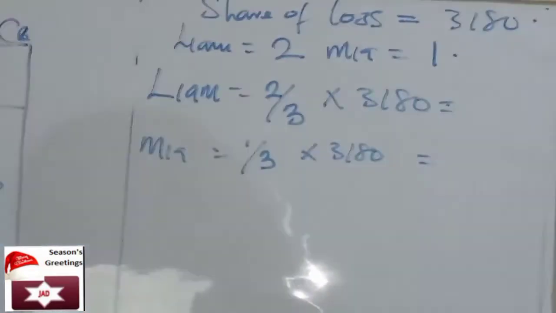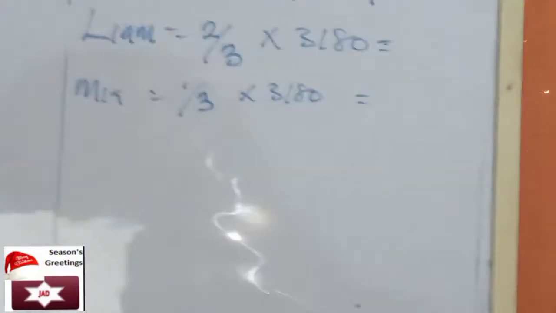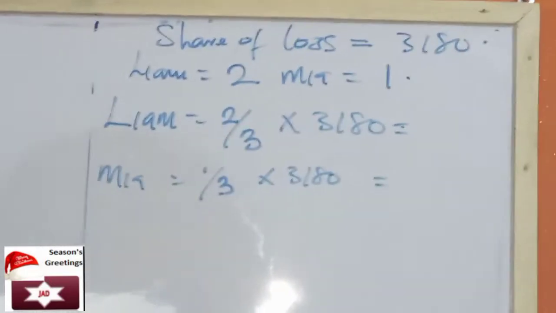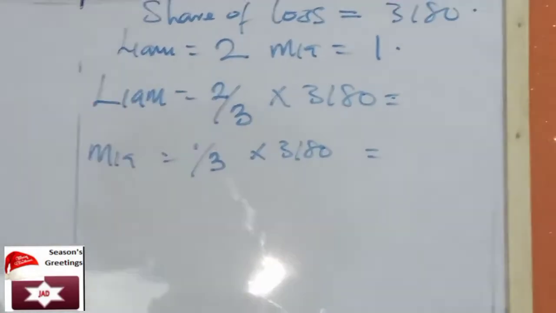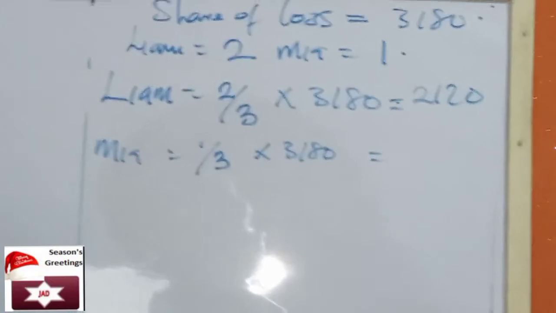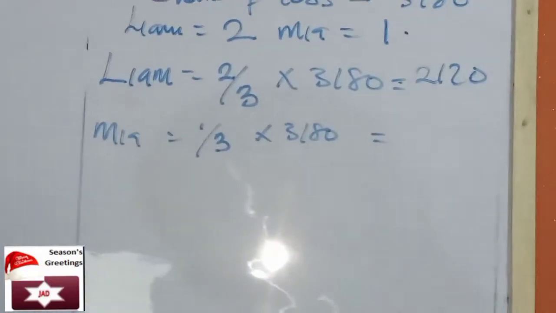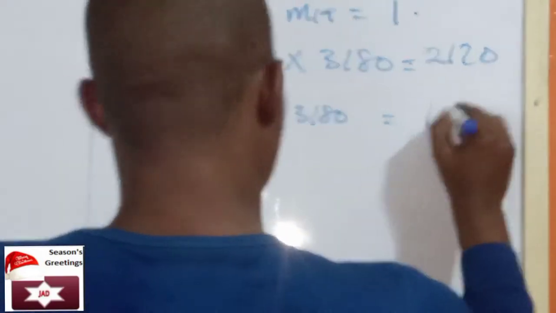Let's use our calculator. 2 divided by 3, times 3,180. I can see 2,120 for Liam. Then 1 divided by 3 times 3,180, I can see 1,060.